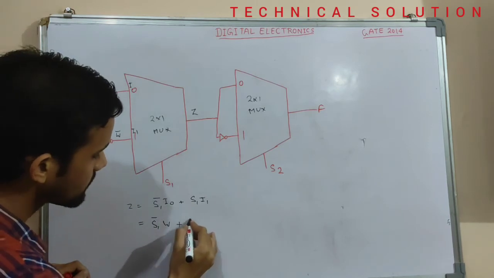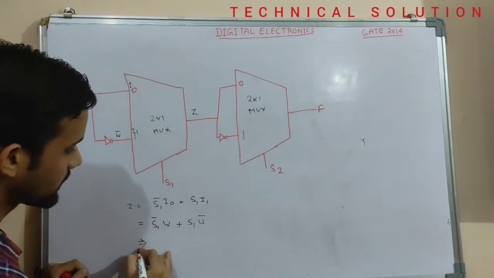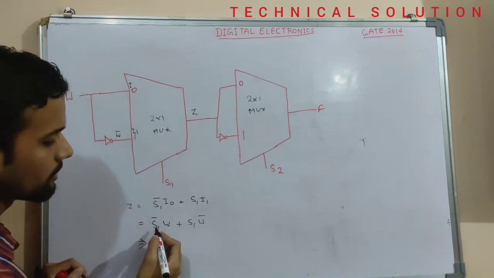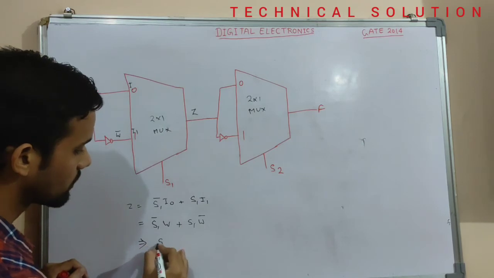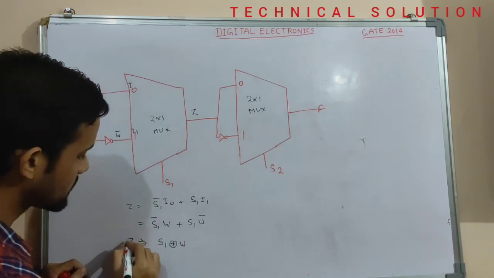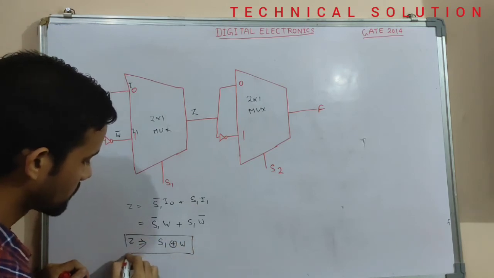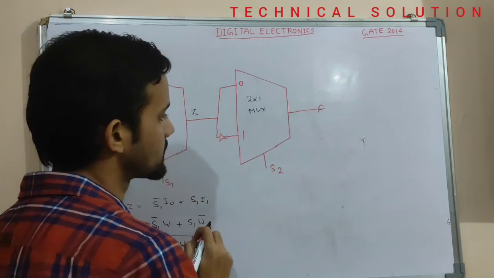So Z equals S1 bar W plus S1 W bar. We can write it in the form of A complement B plus A B complement, so Z is S1 XOR W.